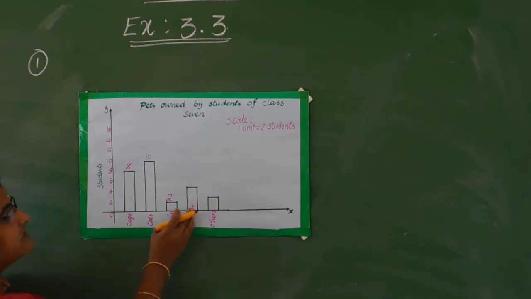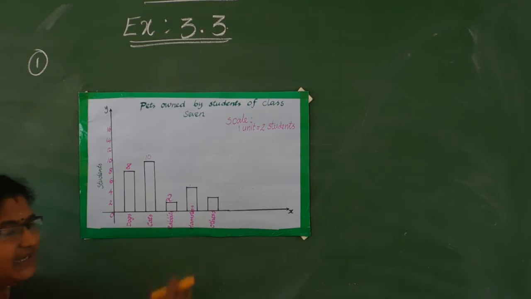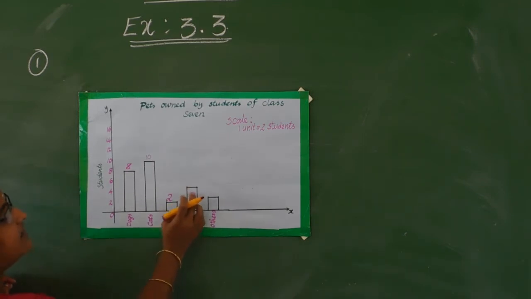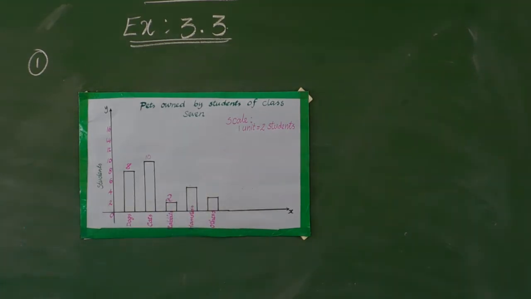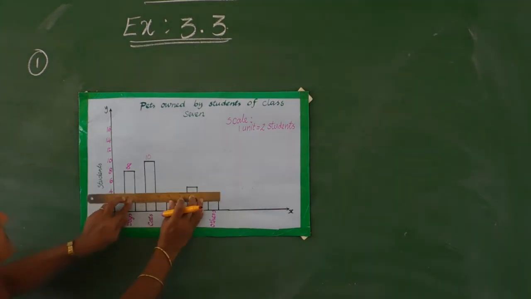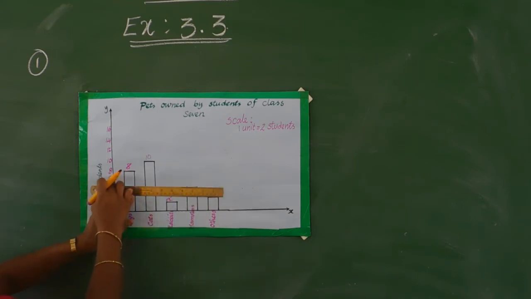Next, hamsters. What are hamsters? Hamsters are also a pet animal, a kind of mouse. The height of this bar lies between 4 and 6, so it is 5.